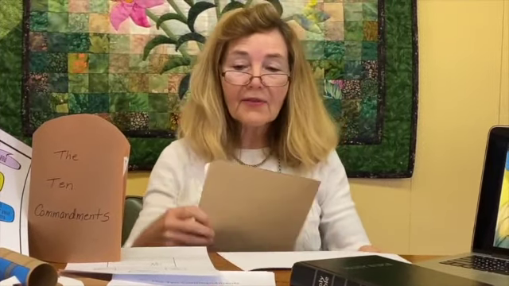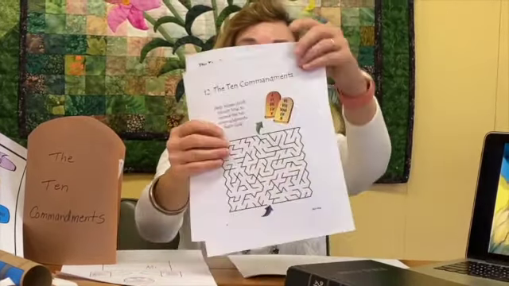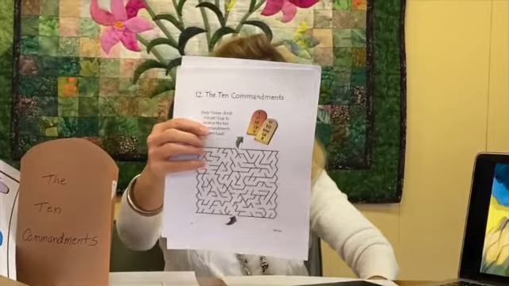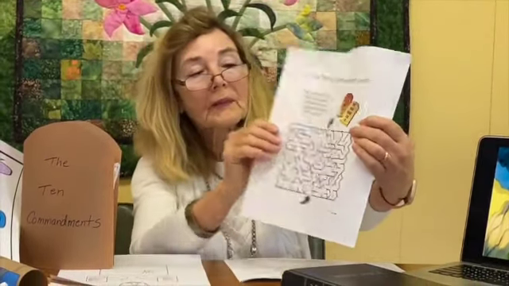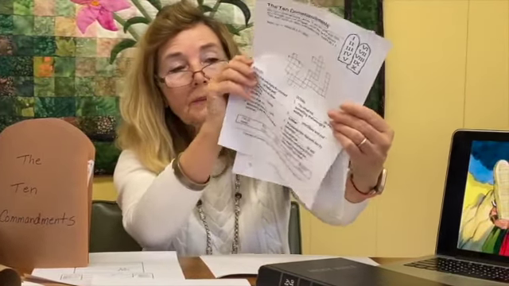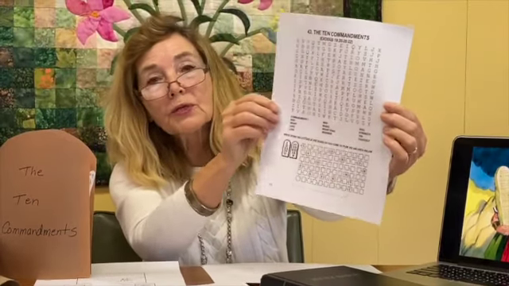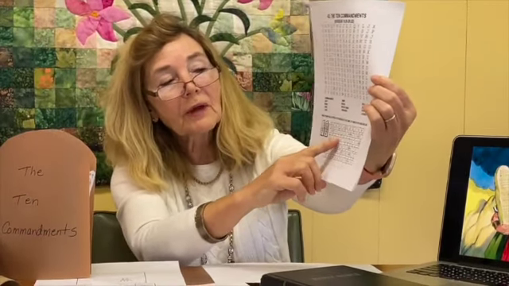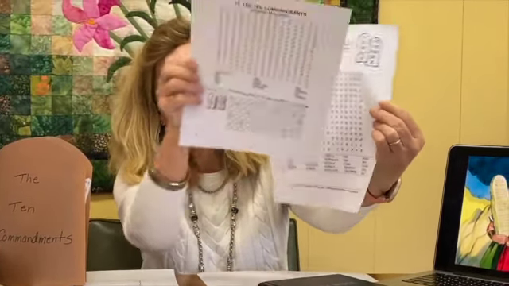Okay, so we have other activities as well for you. And you can see that we have a maze, a crossword, and here is a word search, and there's a secret message that you can figure out.